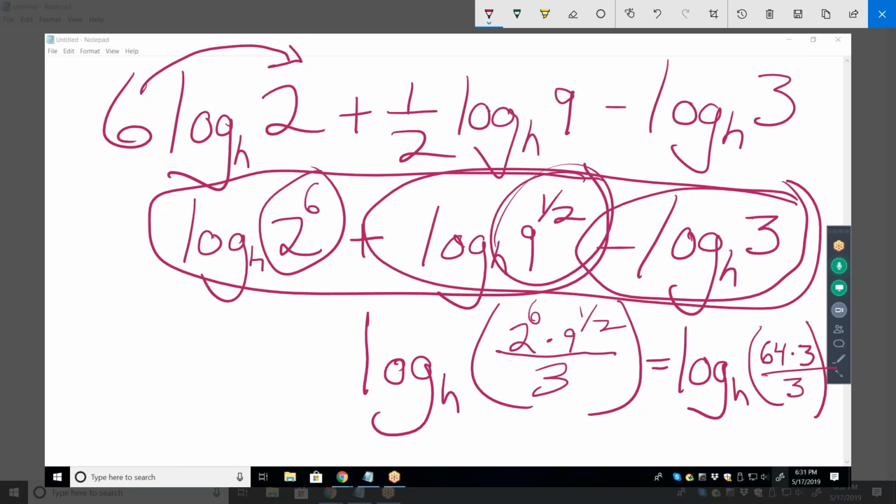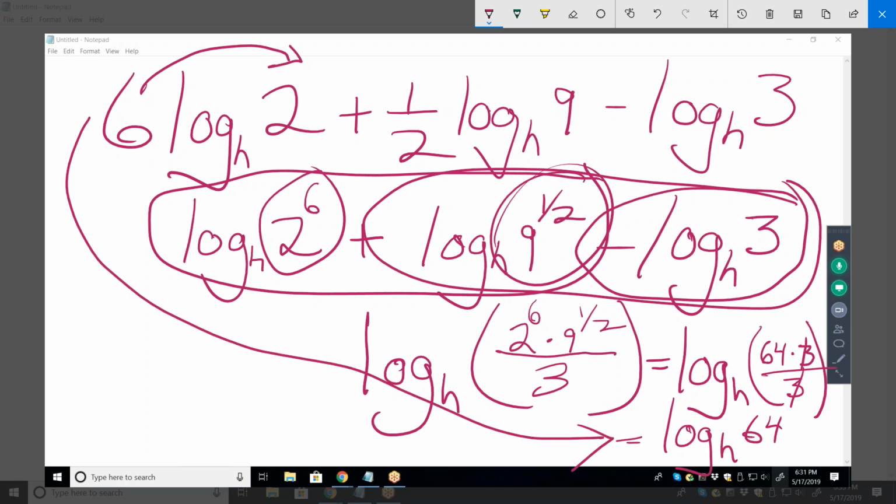Well, I already had a 3 in the denominator, so now those 3's can cancel. And my final answer is something relatively simple. Log base h of 64. So these 3 log expressions turn into a very simple single log expression.